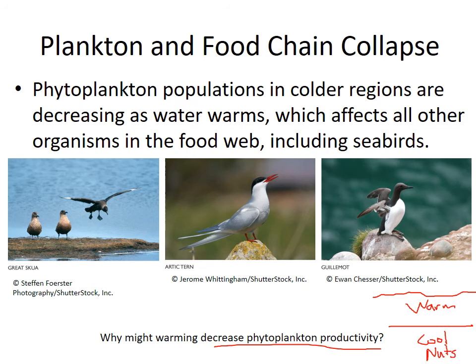And so if the water is really stratified, then the surface waters are not getting the nutrients they need from the deeper waters, and therefore there won't be very much phytoplankton growing in those excessively warm and isolated surface waters.